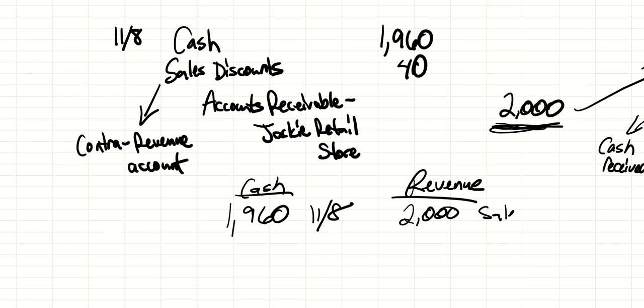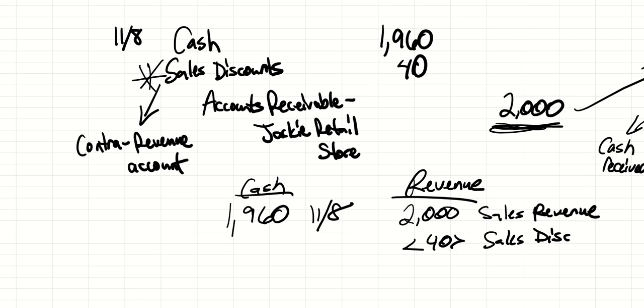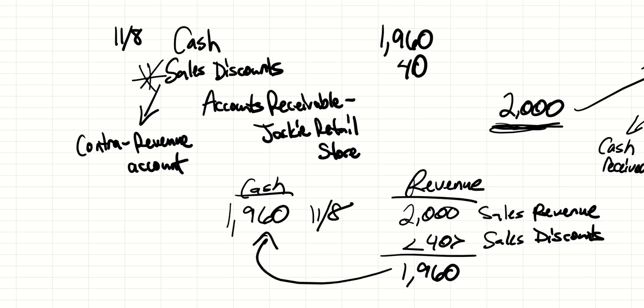And this is our sales revenue. And we're going to subtract out our sales discounts of $40. And that's our sales discounts. That's going to give us 1,960, which matches the cash received. Cash is very important. The inflows and outflows of cash, that's what really matters. So whatever's recorded in revenue, it needs to match up with cash.